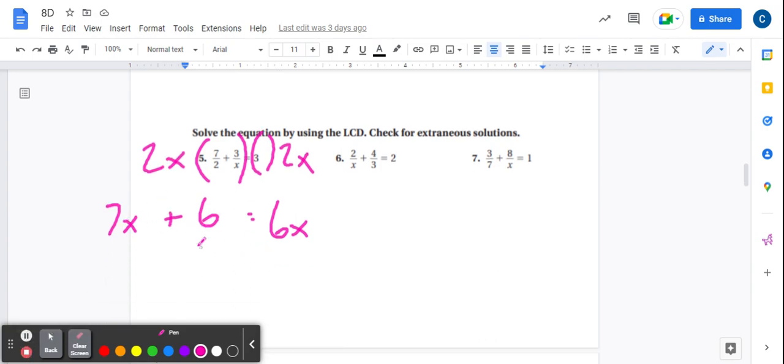So we had 7x plus 6 equals 6x. We can get all this stuff over there, so we get 6 equals negative 1x, and x equals negative 6. Okay? So simple enough. You just multiply the common denominator to both sides.